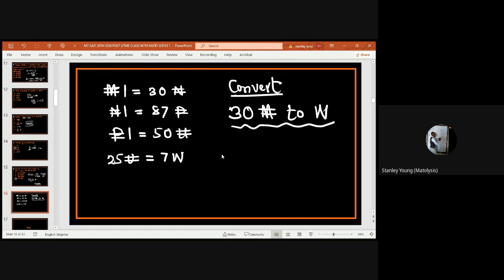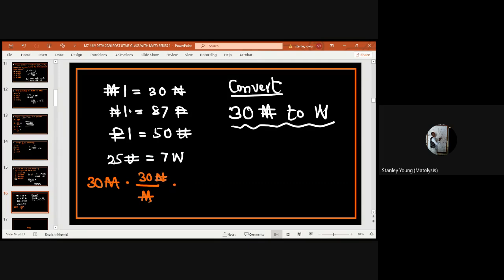So what do you do? You simply start from 30M. You have 30M dot. You try and eliminate M, and this is what you have that contains that M. So you go ahead and say over, this is M divided by N. Then above it, you put what? The equivalence, which is what? 30 what? N. Right? Then dot.